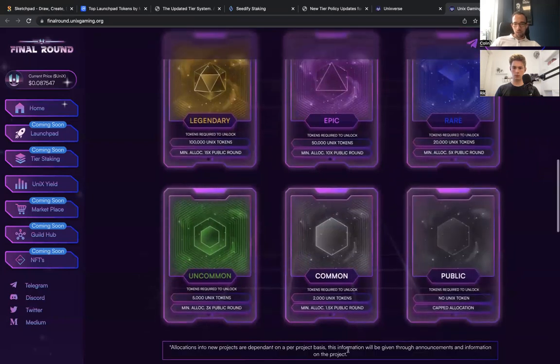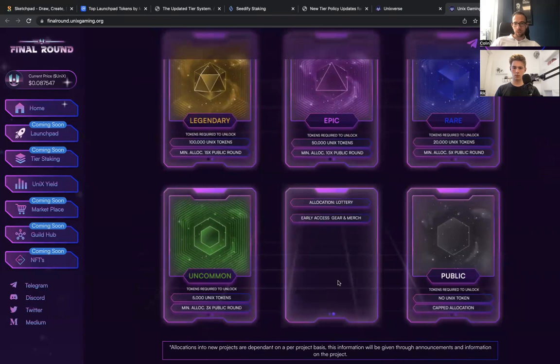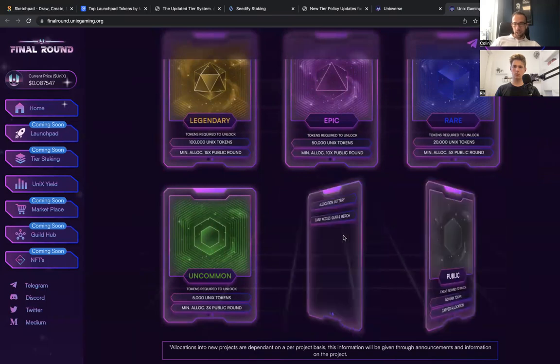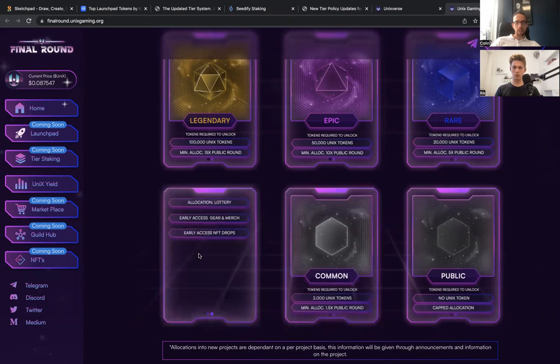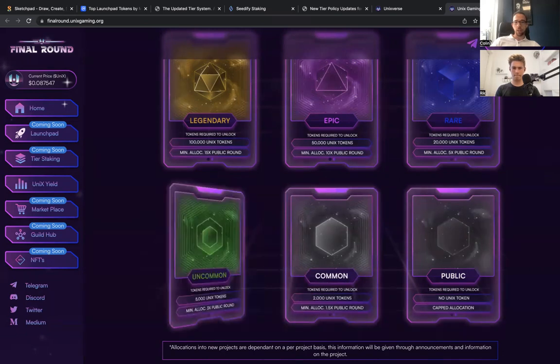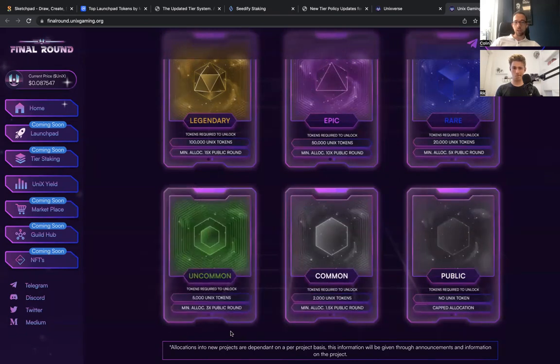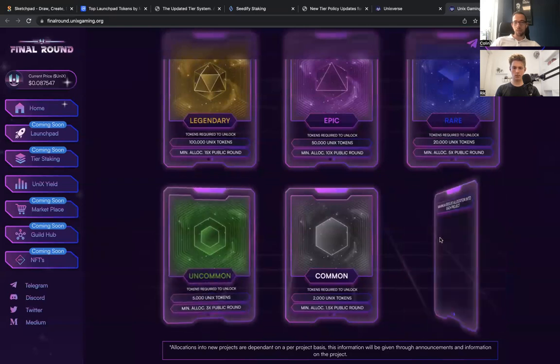Then you have common, 2000 Unix tokens staked, minimum allocation 1.5 times public round. So 1.5 times what they get. Additional benefits, allocation is lottery, and early access to gearing and merge, also marketing gimmicks, right? Allocation lottery still on the uncommon tier, 5,000 Unix tokens staked, 3 times higher than public.